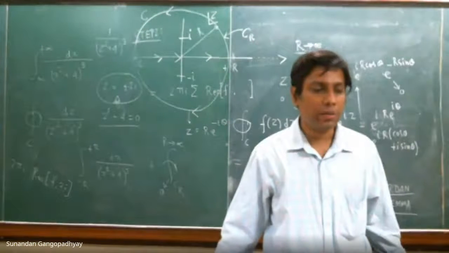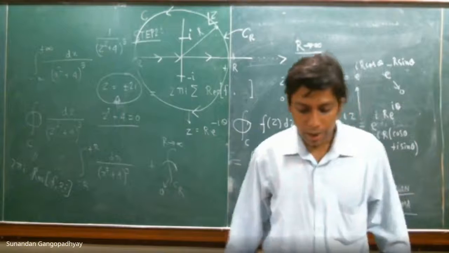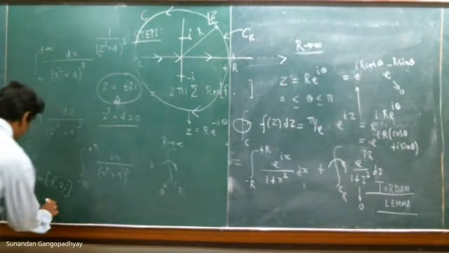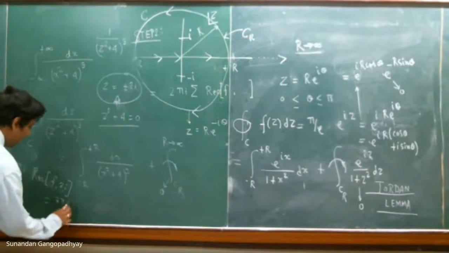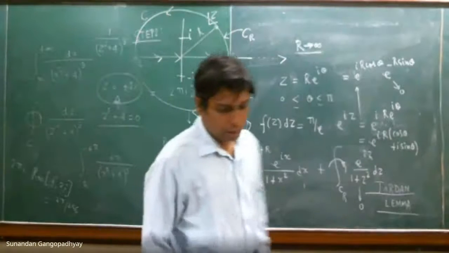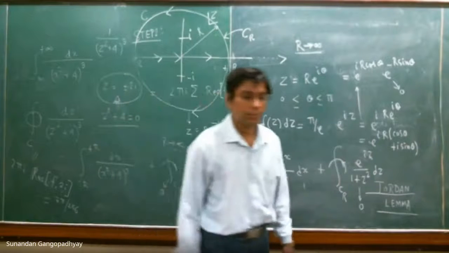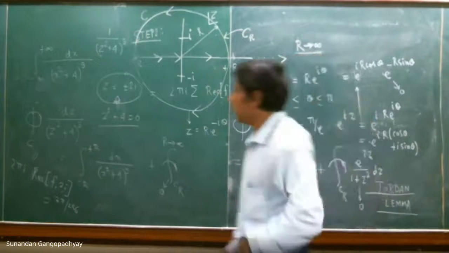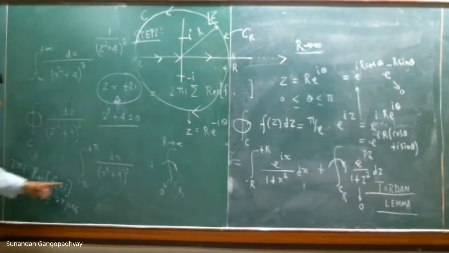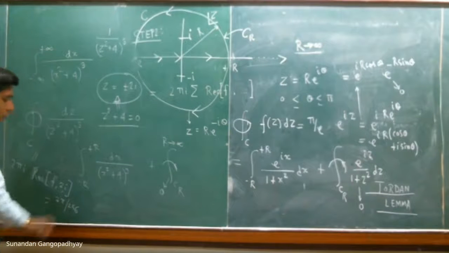Since this is a pole of order 3, you just apply the formula for evaluating the residue, and the answer that you will get in this case is 3 pi by 256. So please check this result yourself. So therefore, this integral is 2 pi i times that, and the answer is 3 pi by 256.